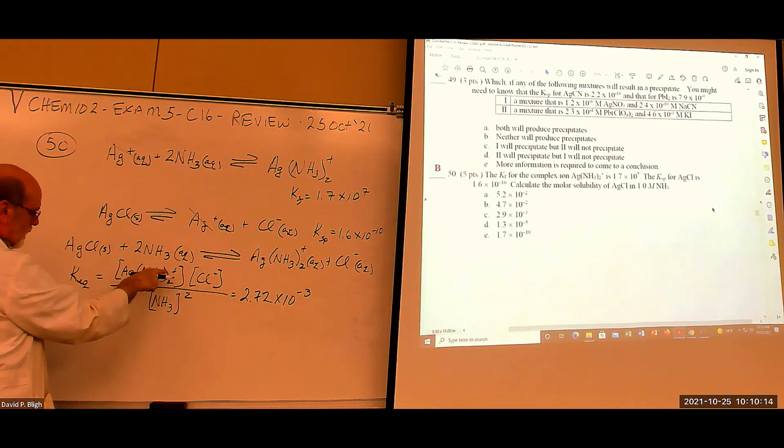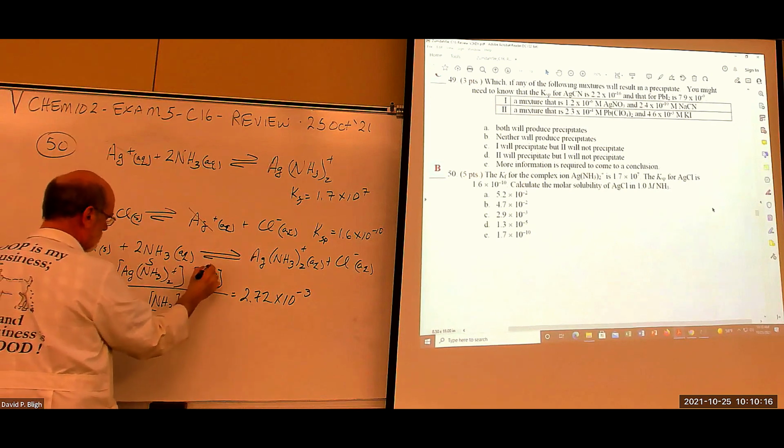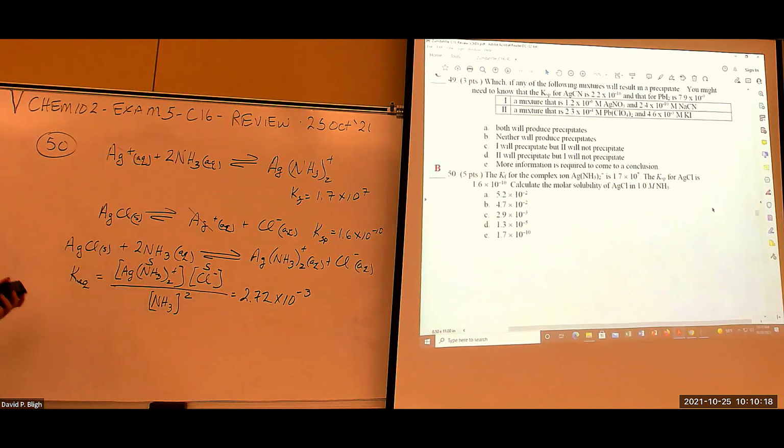So the unknown here, that solubility, is S. So what about this one? What is that one equal to? Should be 2S.